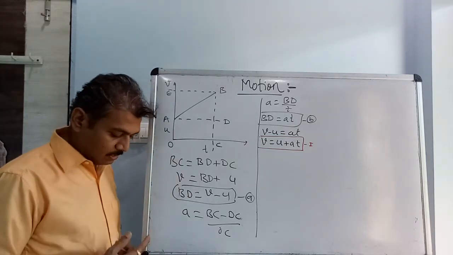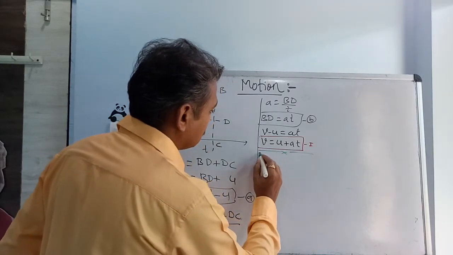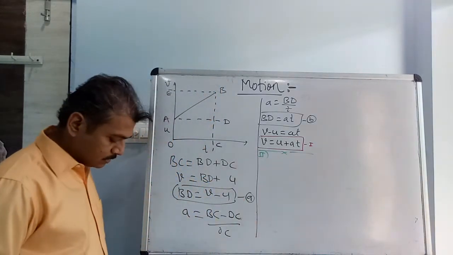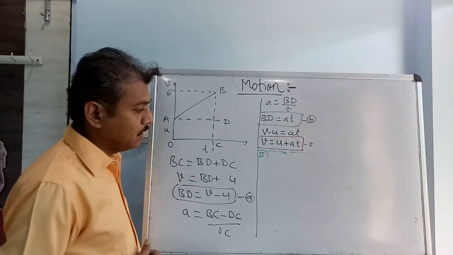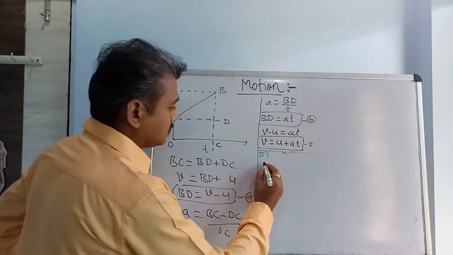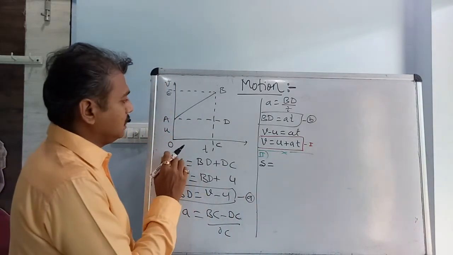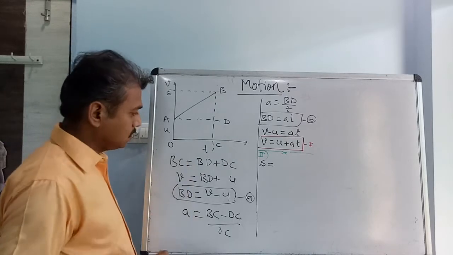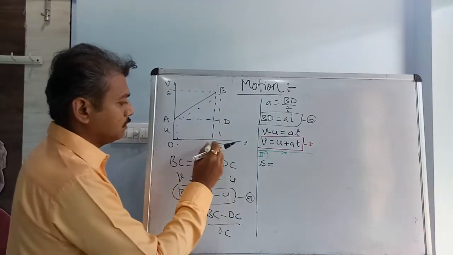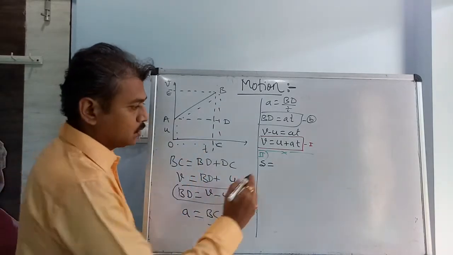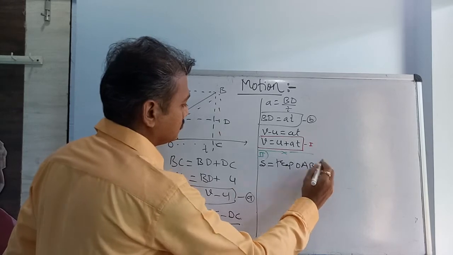Now moving on to the second equation. The first is the velocity time relation. The second equation is the position time relation. Position starts with S. In this we are considering the trapezium OABC.